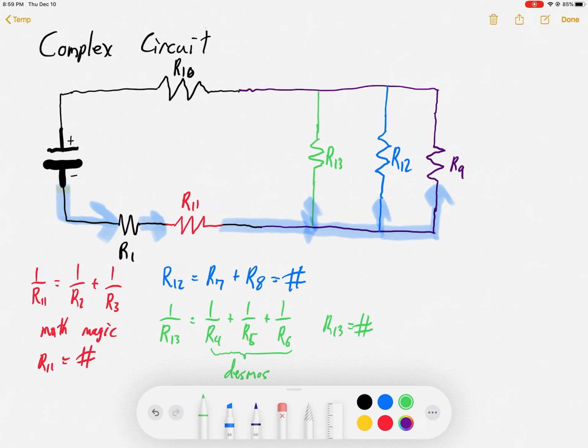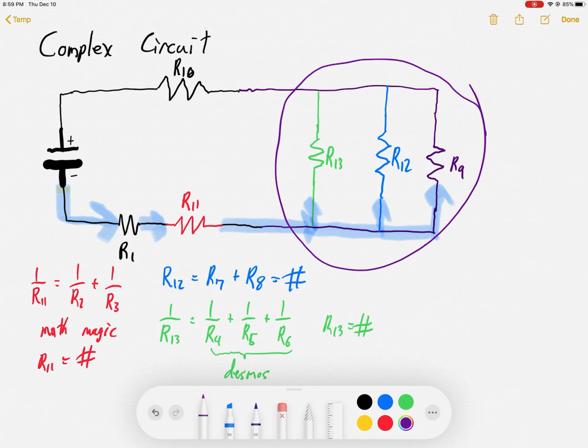But once again, now we have another parallel circuit, and I'll call that one R14.